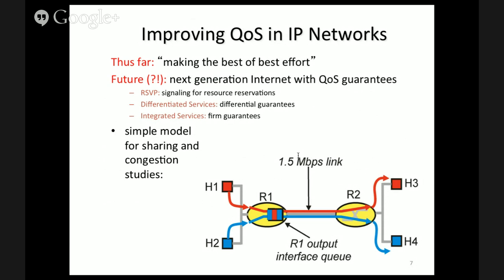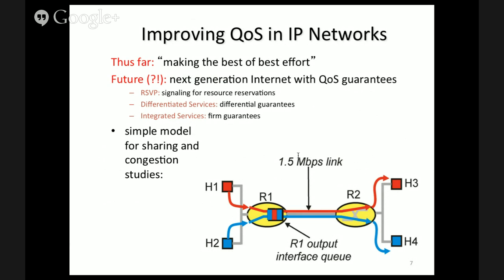What is interesting is that these connections share a link, the link between router R1 and router R2. Besides sharing the link, they also share the output interface queue of router R1, which is the buffer that packets of both connections share before being forwarded to router R2.